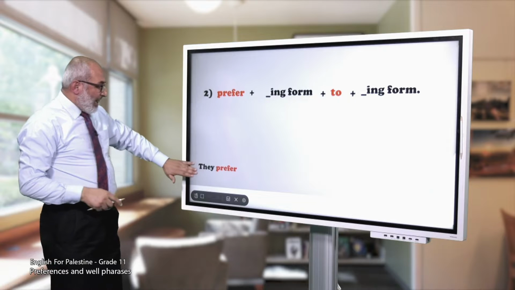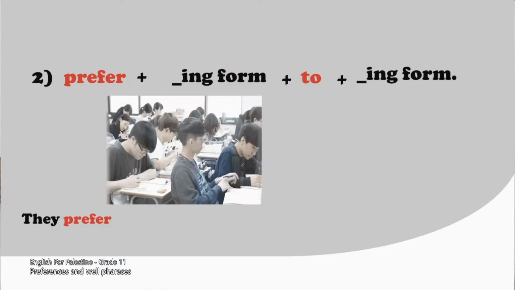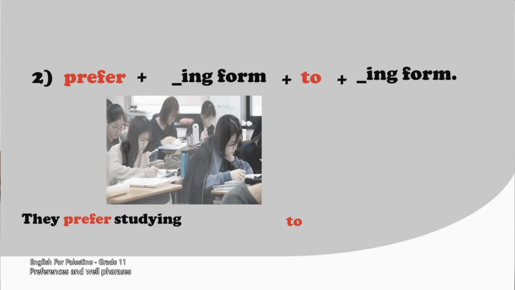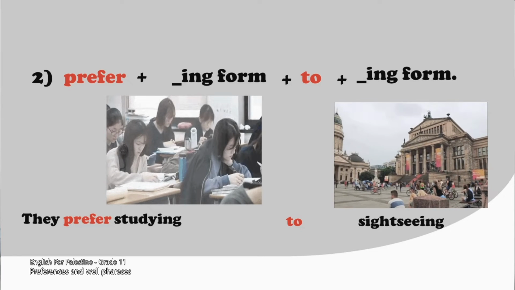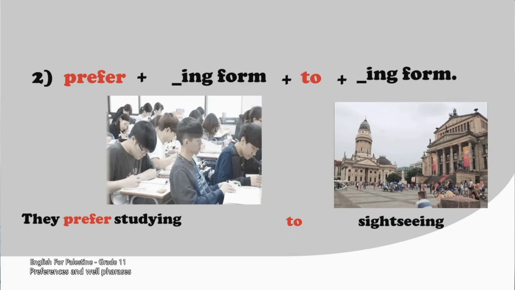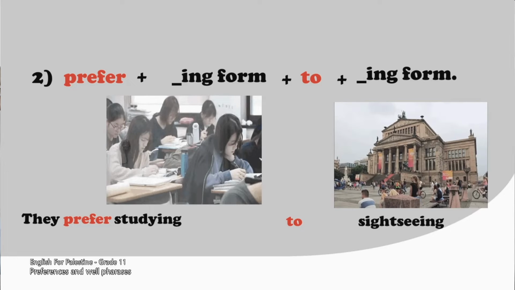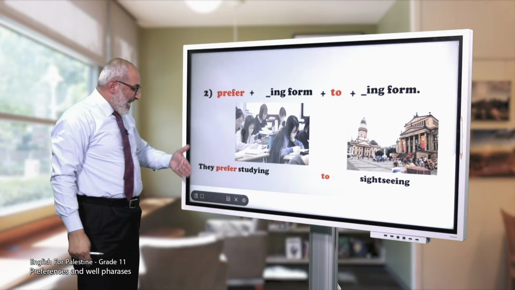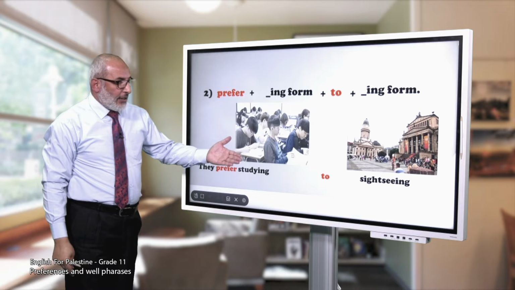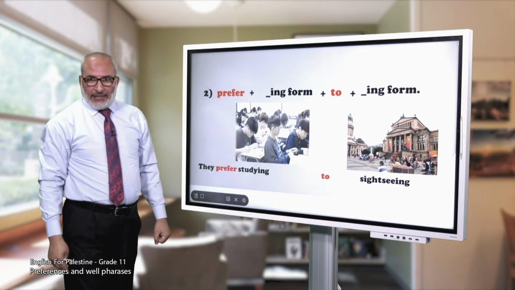Look at the example. They prefer studying to sightseeing. They prefer studying, the ing form from studying, to sightseeing. It means that they prefer studying more than sightseeing.